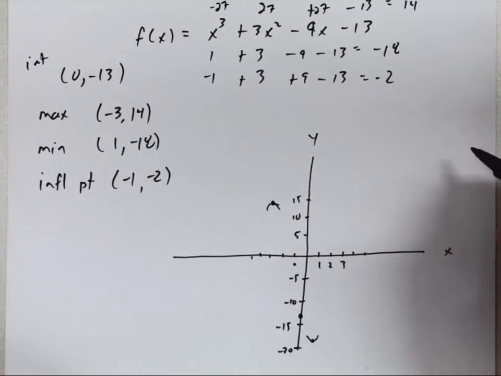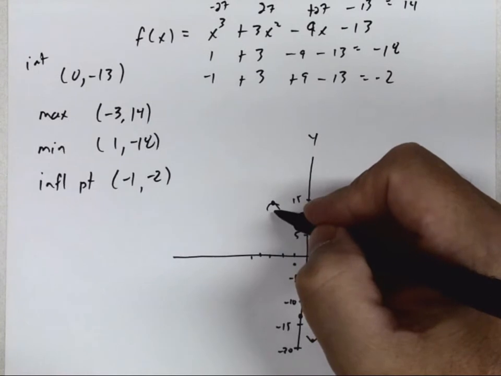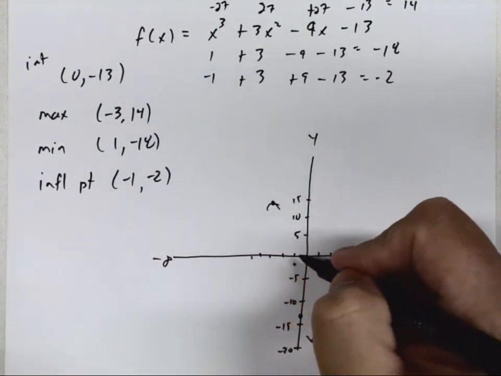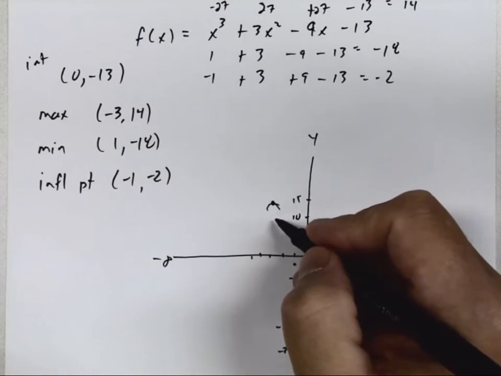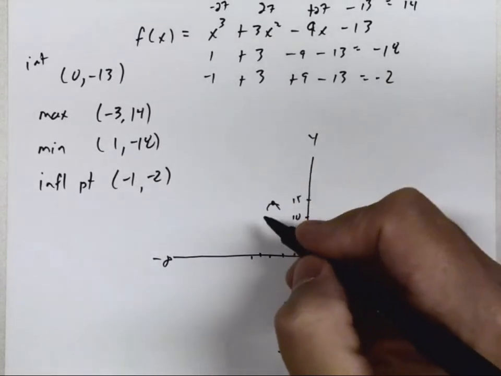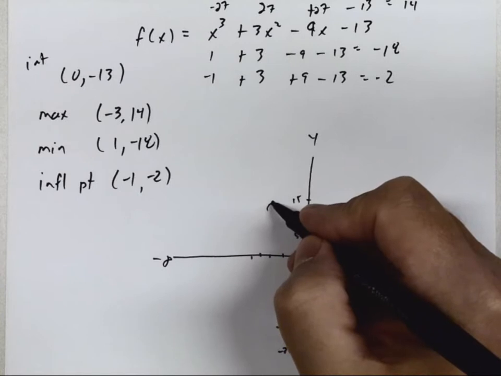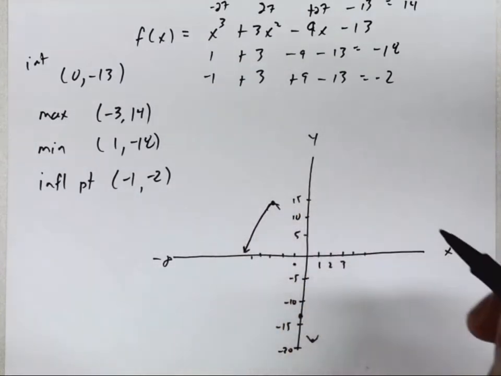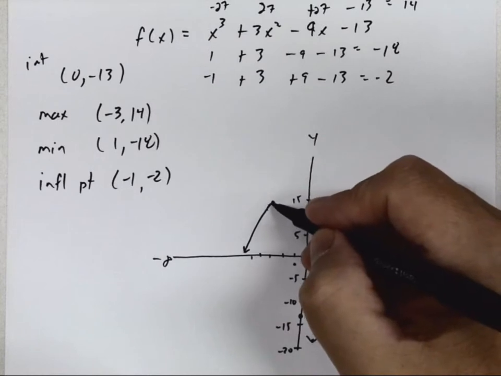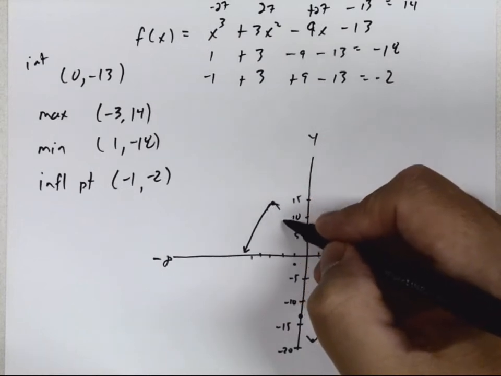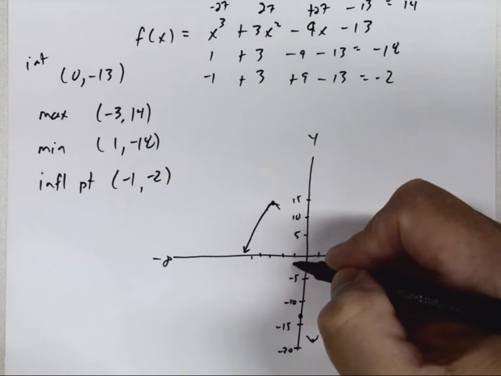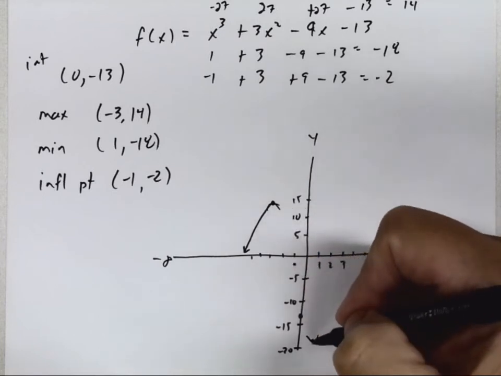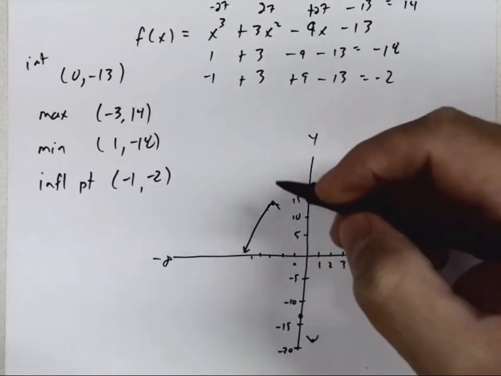As a guess, it looks to me like increasing, I think it's going to be negative infinity to -3, which is correct. And it looks to me like it's going to be decreasing from -3 all the way to 1, which is correct.